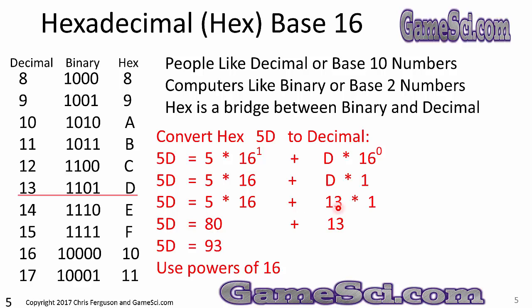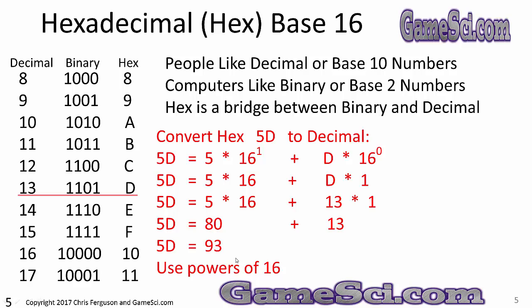So we're talking about 5 times 16 plus 13 times 1. If you do the math, that is 80 plus 13. Add those together and you can see hex 5D is decimal 93. What we just did is we converted from a hexadecimal number, 5D, to the decimal number 93. And we did it using powers of 16.